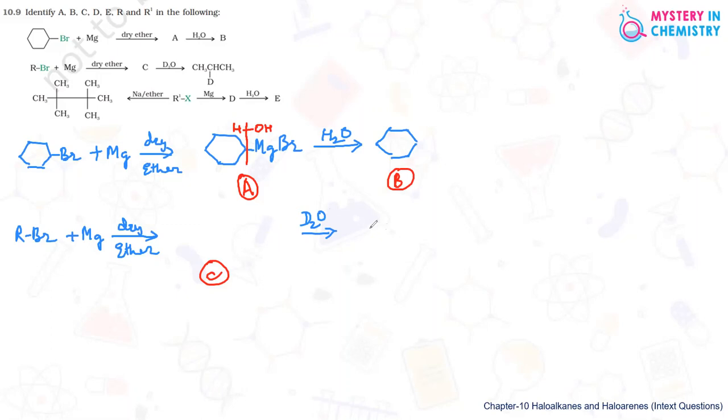The product formed is given already: CH3, CH, with D coming at this position. That means Br should be attached to this. So this is CH3.